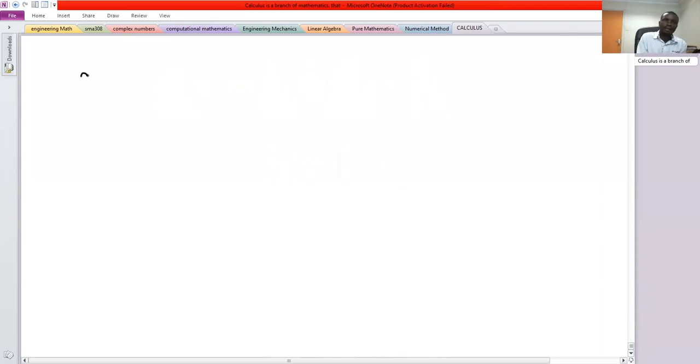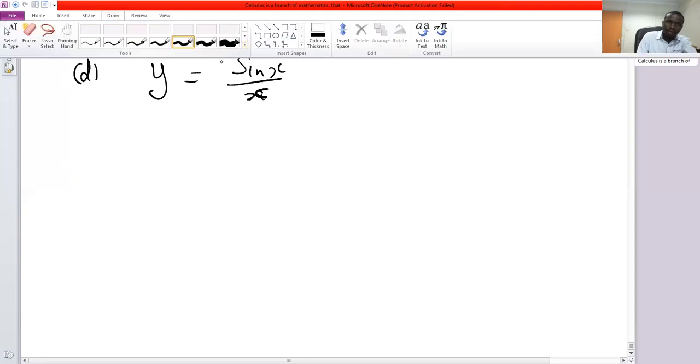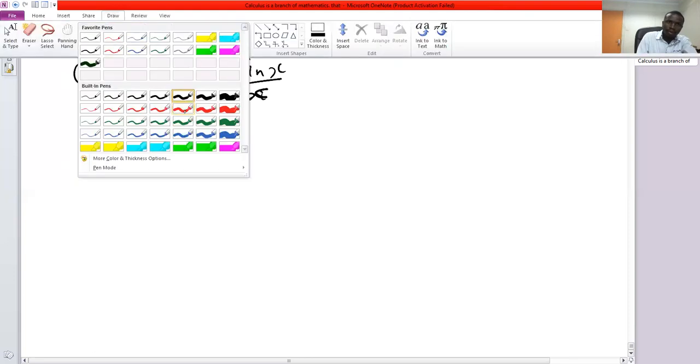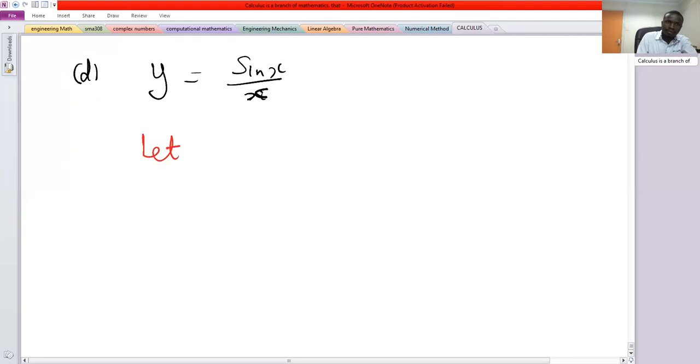D, the second last problem for this session. y is given by sine of x over x. So in this problem, we let numerator to be u, denominator to be v.